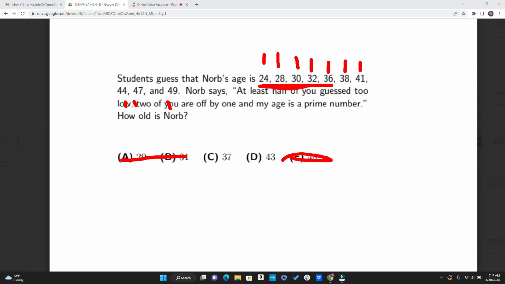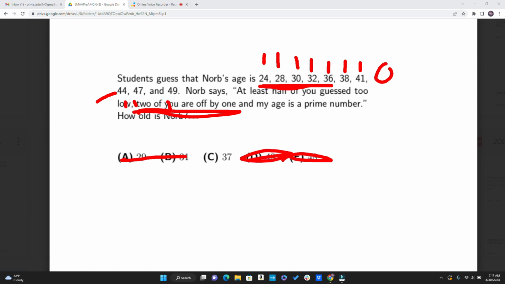Which one of those numbers is off by 1? We need 2 guesses that are just 1 away from his true age. So let's look at 43. We've got somebody guessing that he was 44, but nobody guessed that he was 42. So that means no 2 people are off by 1 on that age. So that's not the right answer.